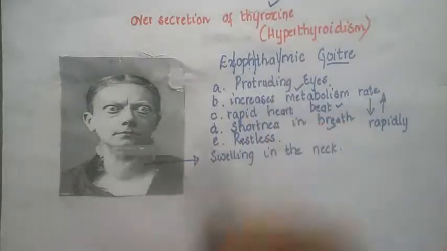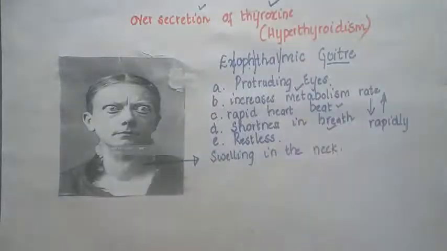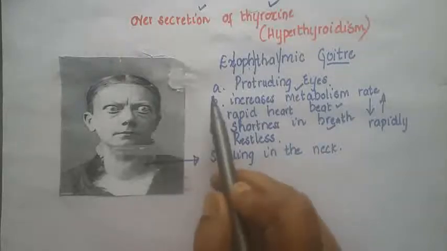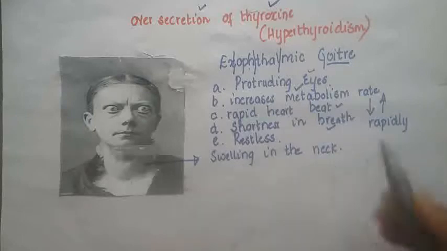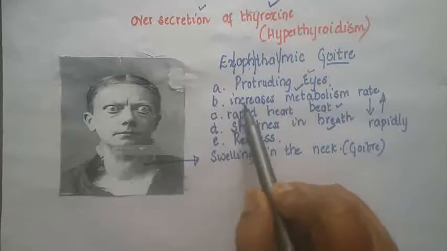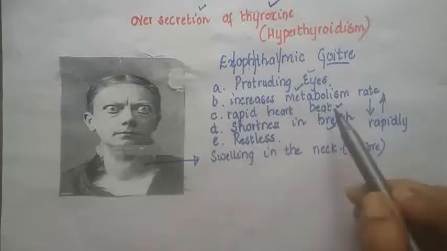So what is the cause of exophthalmic goiter? It is due to over secretion of thyroxine. So what are the symptoms of exophthalmic goiter? It leads to protruding eyes, swelling in the neck, that is formation of goiter in the neck, increased metabolic rate, and increased heartbeat.